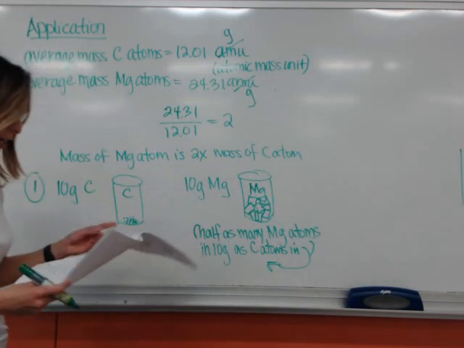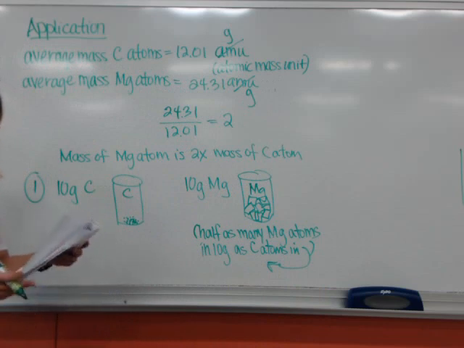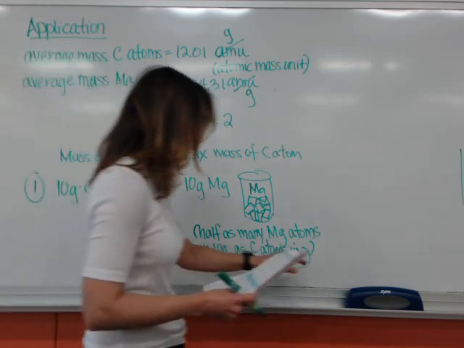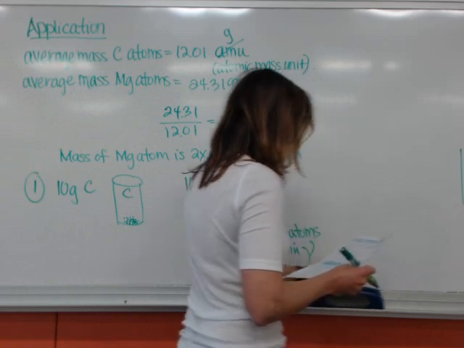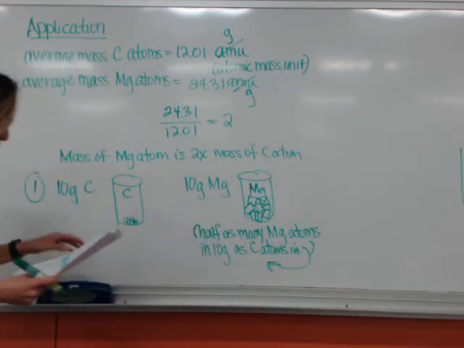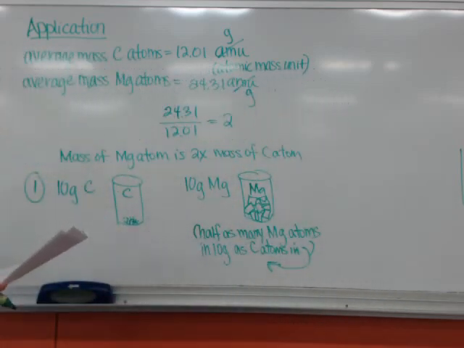Now, if you take a look at the next page, it says, how can we get samples of different elements that have the same number of particles? If you measured out a 10-gram lump or pile of carbon atoms on a balance, what mass of magnesium lump or pile would you need to measure so that both lumps have the same number of atoms?